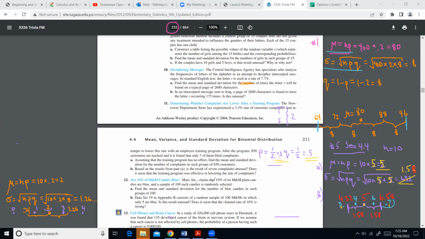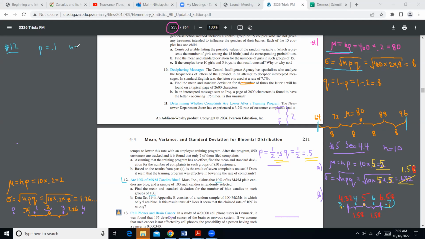10% of M&M candies are blue. Okay, so let me write it down so I don't forget that. Probability that some candy is blue is 10% or 0.1, right? So find mean and standard deviation if there are 100 candies.